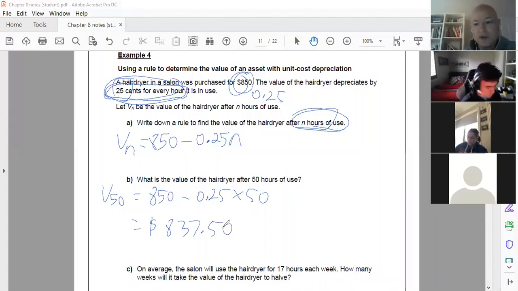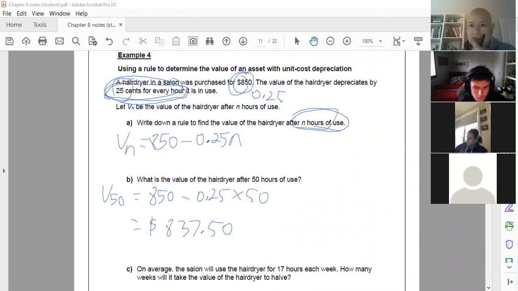I got 0.5, but please do not write it as 0.5, write it as the 50 cents. It's very important. Any questions on that part there? No? Okay, let's continue.